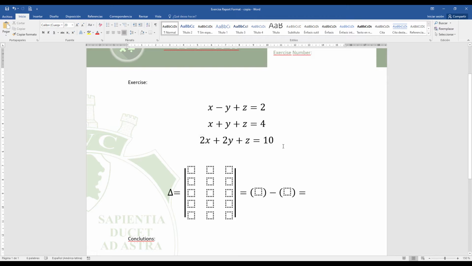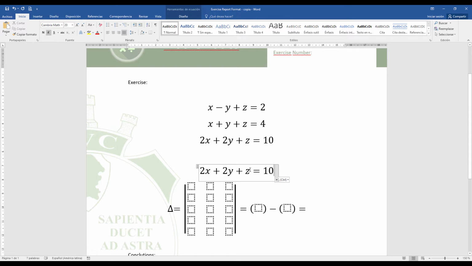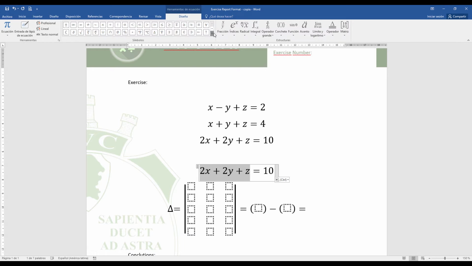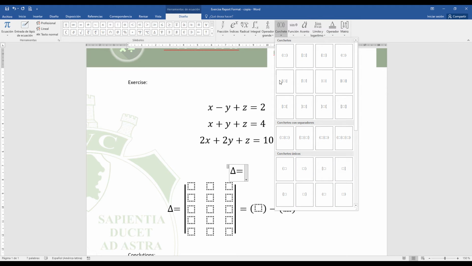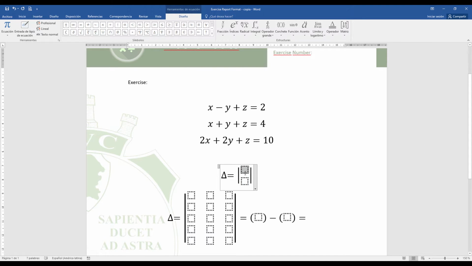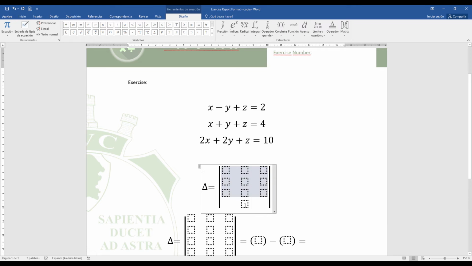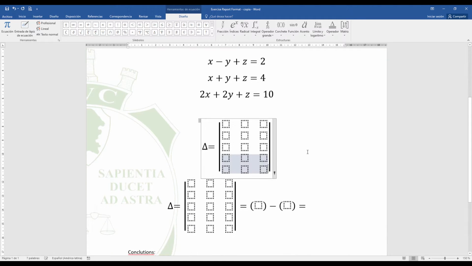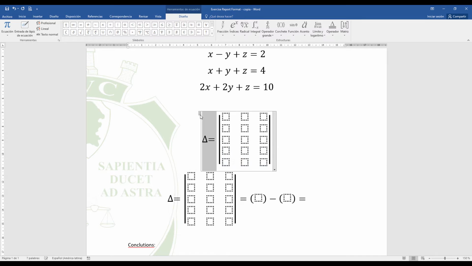This is the problem. So I will use that equation. Delta equals a determinant, so you need to use a matrix of 3 by 3.